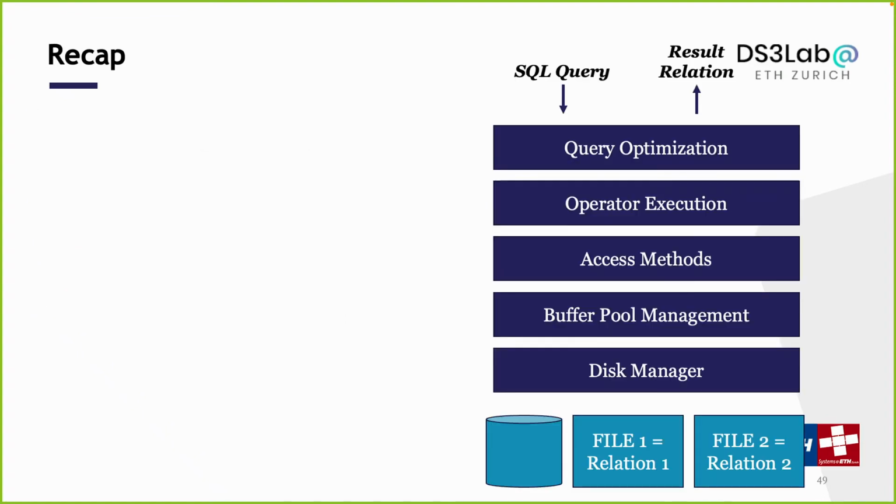Okay, now we can put all this together and talk about every single layer of a database system. We talk about this from a bottom-up way, but now let's start from the top. The user gave me a SQL query. I'm going to parse it and produce a logical plan, which is a tree of operators.